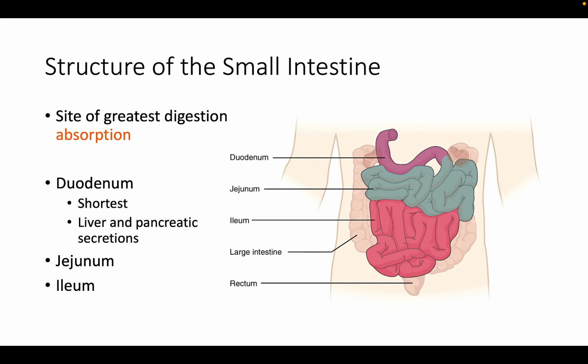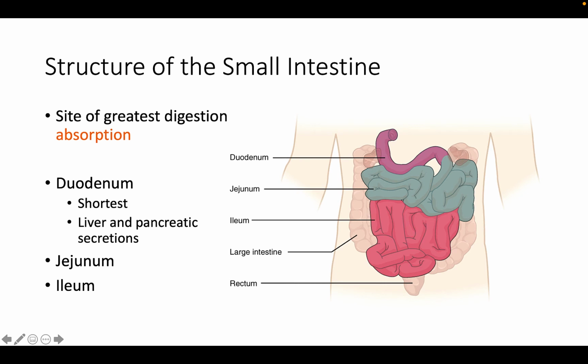Similar to the duodenum, the jejunum is very close in proximity to the duodenum compared to the ileum, which is the longer portion, which is just carrying or absorbing whatever is left after the jejunum has not absorbed it.